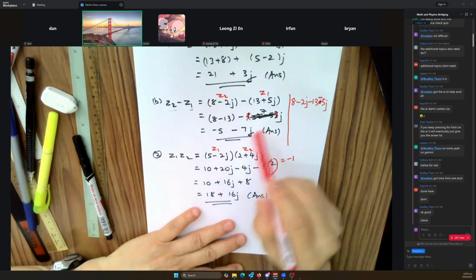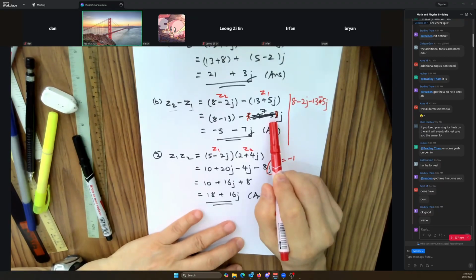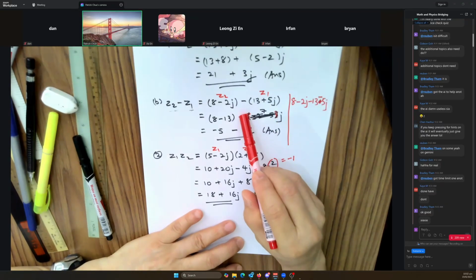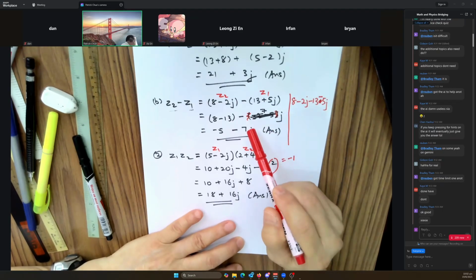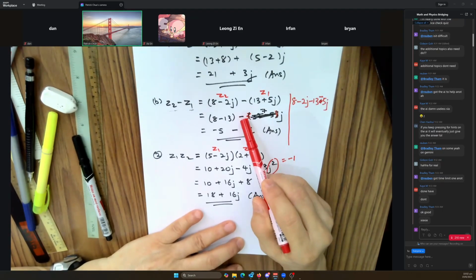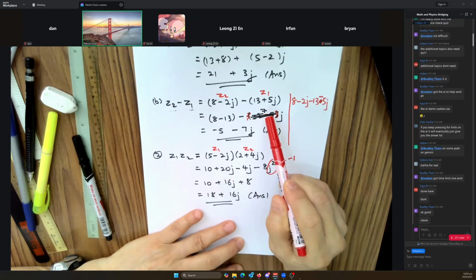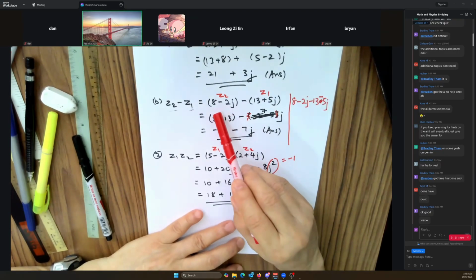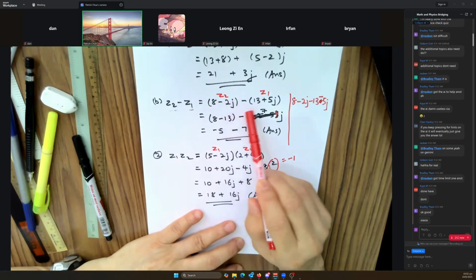Whatever you do, it's basically simple addition and subtraction. So you want to put a plus here? You can, but it's the same thing. If you put a plus here, then you have to put minus 2. See, 8 minus 13, minus 2 minus 5.